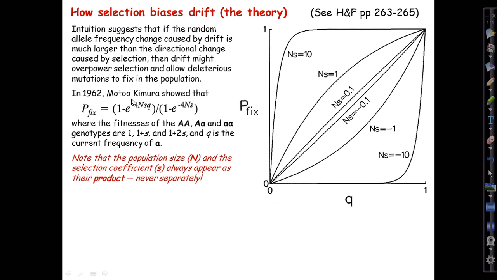So way back in 1962, the great population genetics theorist Moto Kimura derived this super important classic result, which is that for an allele with a selective advantage of size S in his notation, which I'll explain in a second, the probability of ultimately fixing in a population is this simple ratio of exponentials.